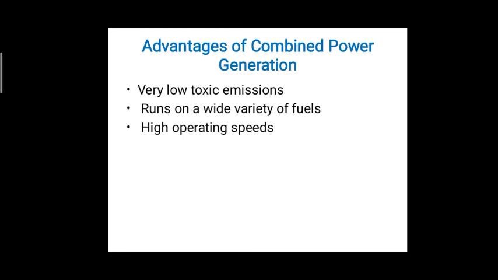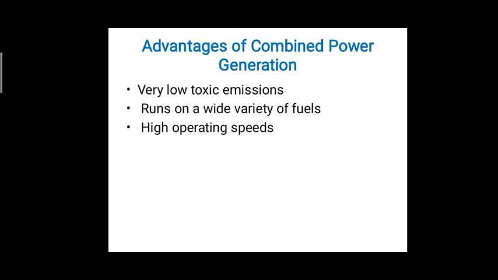It has very low toxic emissions since we are reusing those waste gases to heat the coolant water, that is, we are converting that water again into superheated steam. So the exhaust almost loses all its heat energy and goes to the atmosphere with very low toxic emissions, and it runs on a wide variety of fuels.